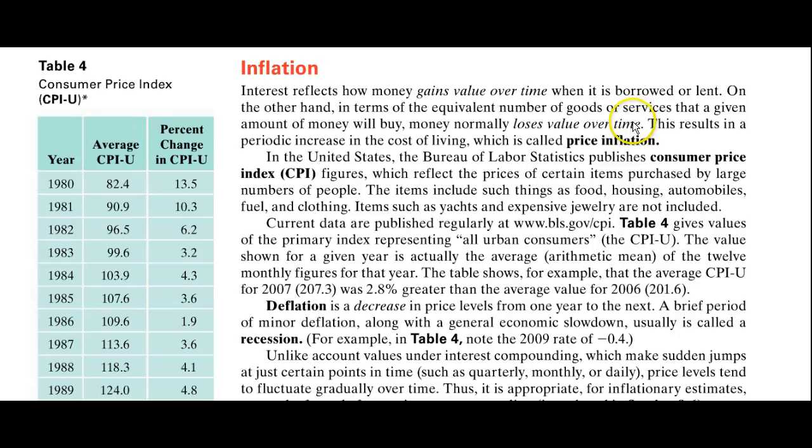For instance, when I was your age, the price of a gallon of gasoline was like 28 cents a gallon. And you've seen that it's gone up to $5 in the extreme, and right now it's $2.10. So through time, the value of goods costing more is attributed to this concept of inflation.